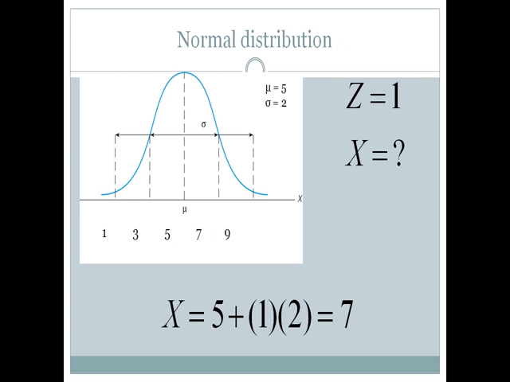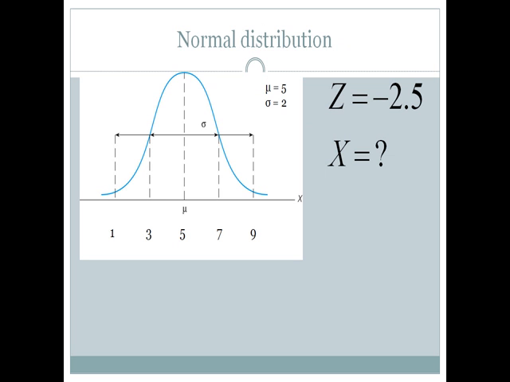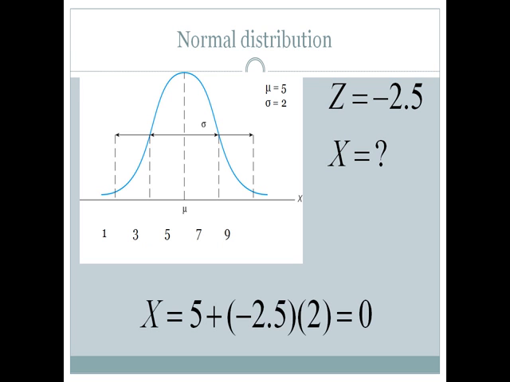Okay, pause a second to do this next example. We have a z-score of -2.5. What is the corresponding raw score? And again, we just apply the formula and we find that the corresponding raw score for a z-score of -2.5 is 0.